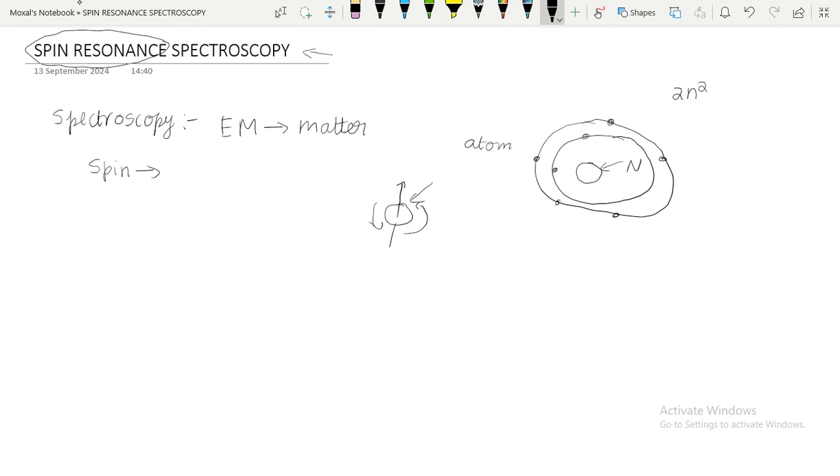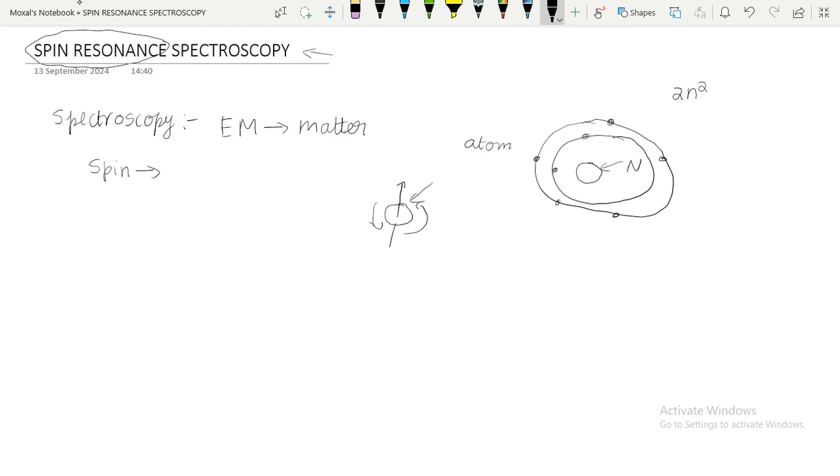Since this is a fundamental particle, it is not quite right to say it is spinning around its own axis. But whenever we observe an isolated electron, it has some intrinsic property called spin. So even though it is not spinning, its property shows that it is spinning.